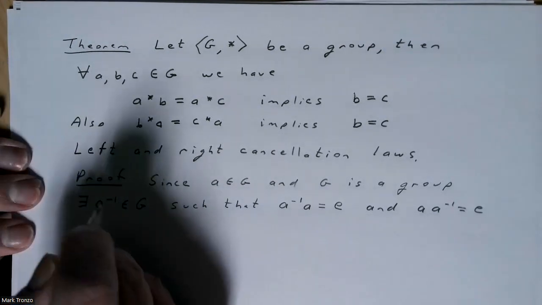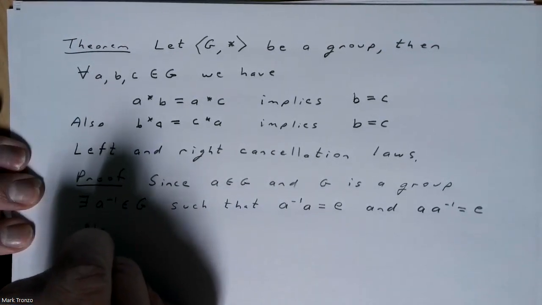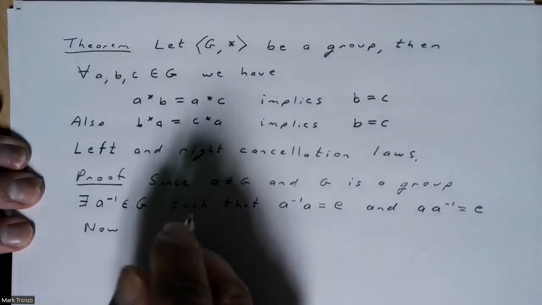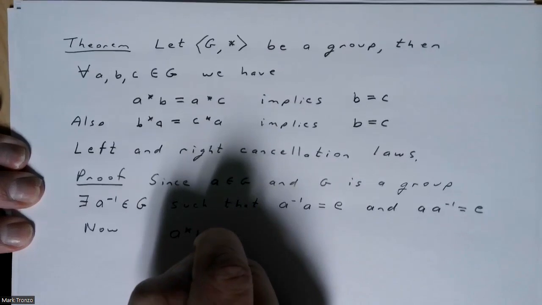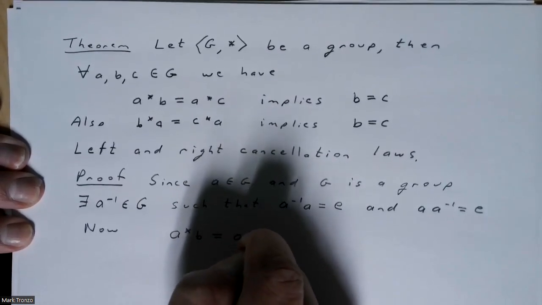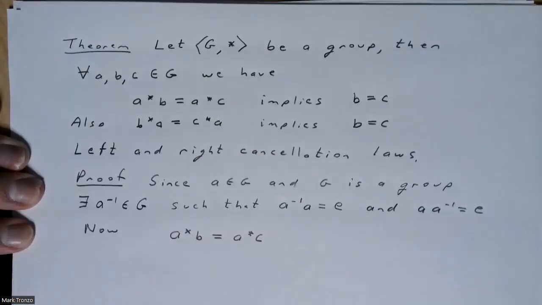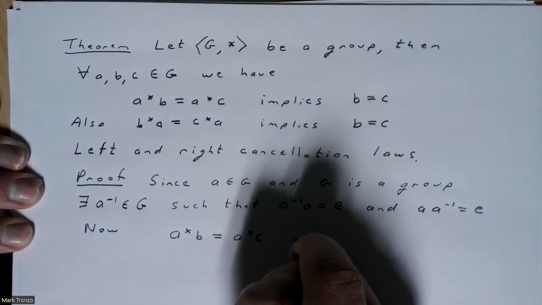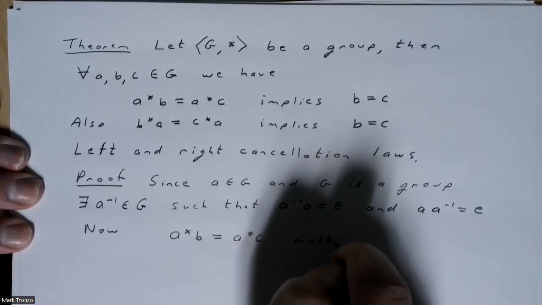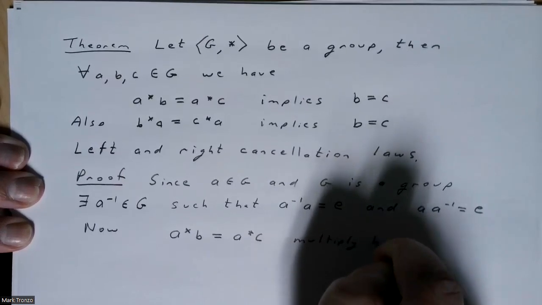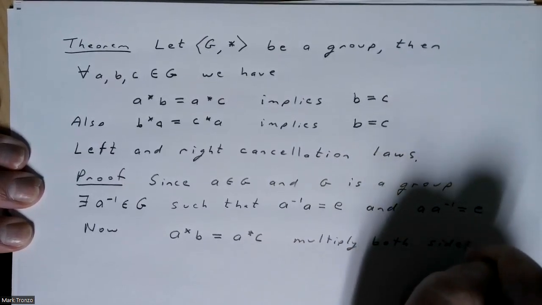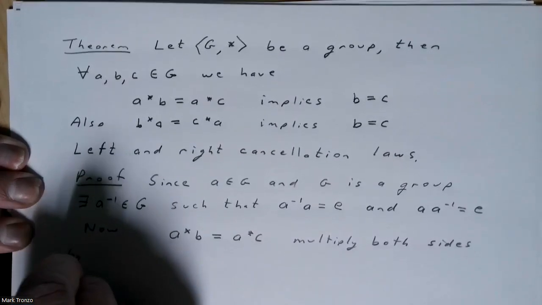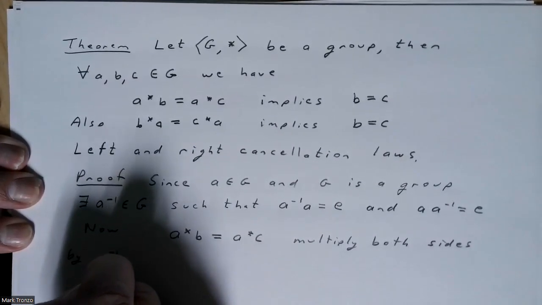So then now, if we have A star B equals A star C, multiply both sides by A inverse on the left.